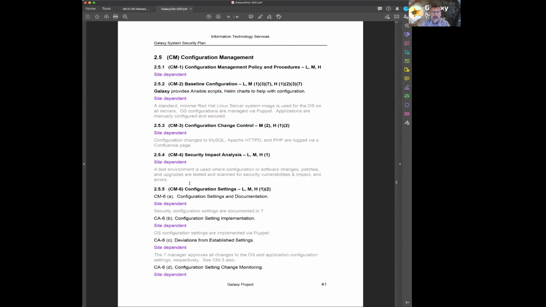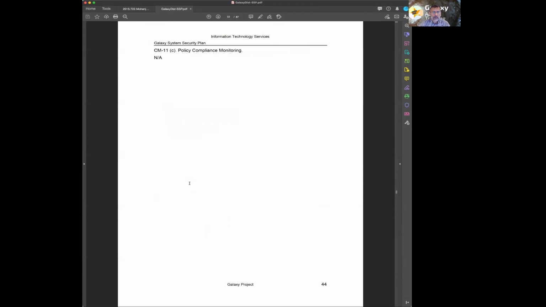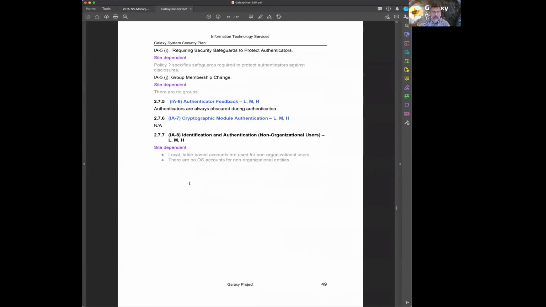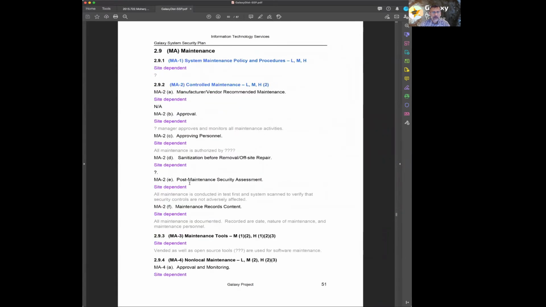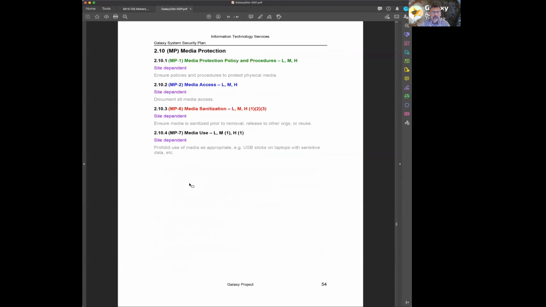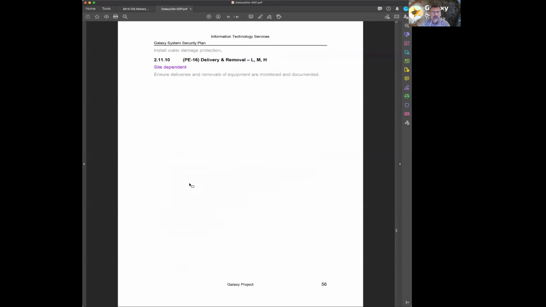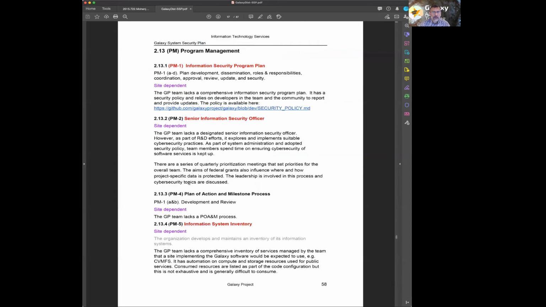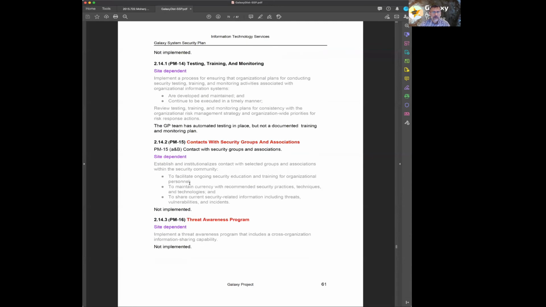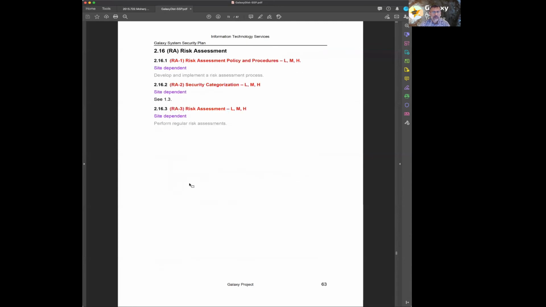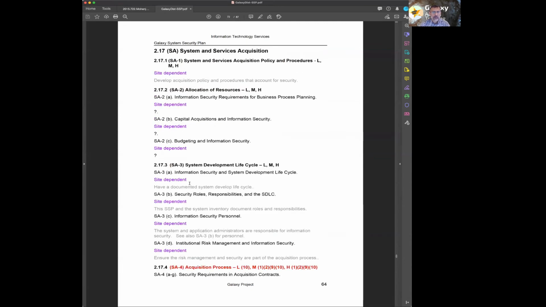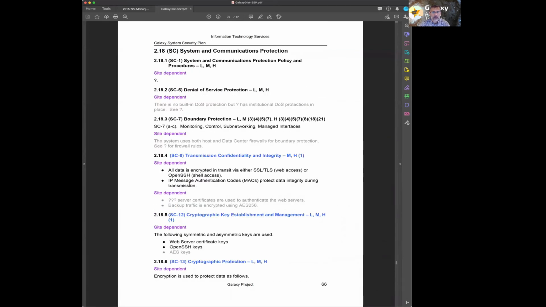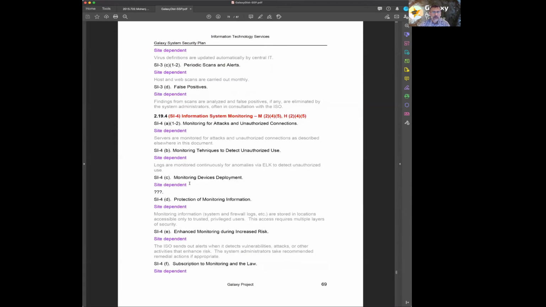Security assessment, configuration management, contingency planning, identification and authentication, incident response, maintenance, media protection, physical and environmental protection, data center controls, basically, planning, cybersecurity program management, personnel security, this is HR, risk assessment, system and services acquisition, system and communications protection, and system and information integrity.